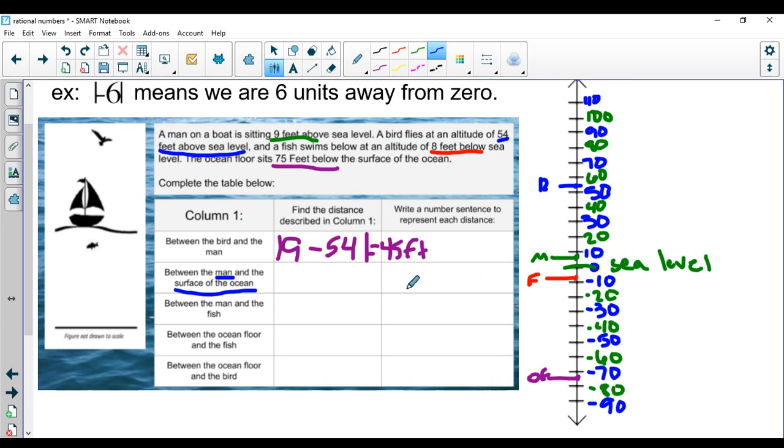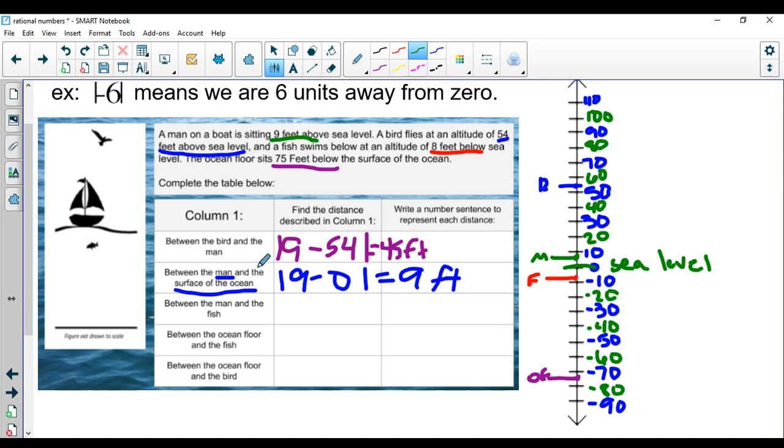So I want to know the distance between the man, which was 9, and sea level, or the surface of the ocean, which is 0. And that we write as the absolute value of 9 minus 0 gives me 9 feet. So if you notice, what I'm doing is just subtracting the two values and finding the absolute value of them, or how far away they are, and writing it as a positive number.